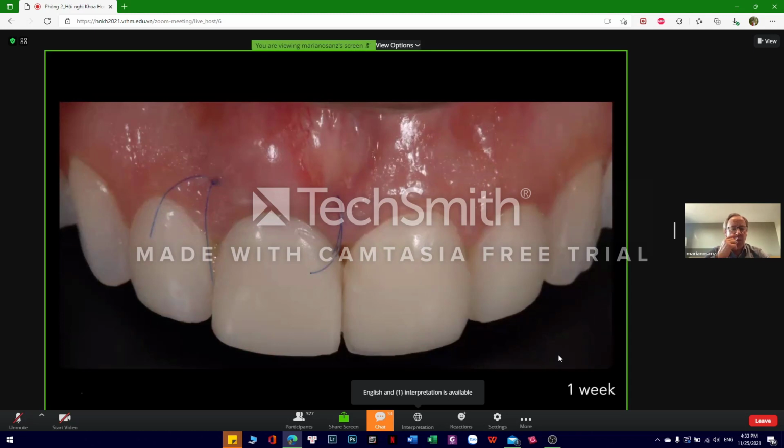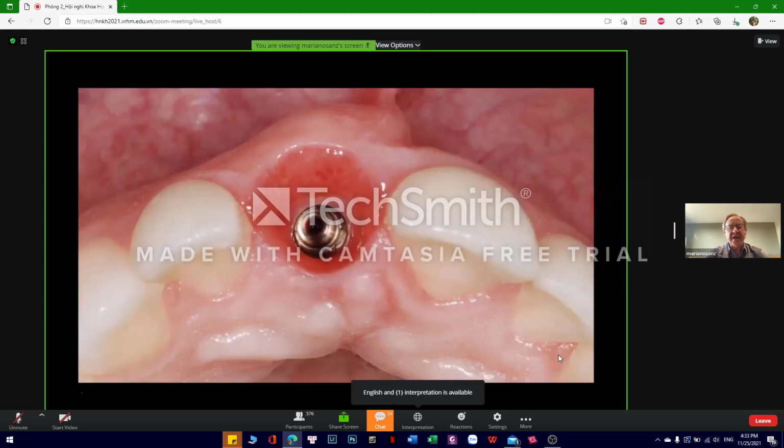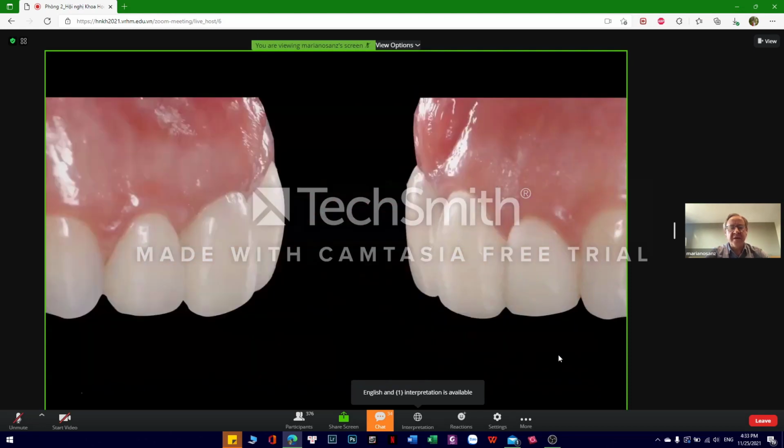So this is what you see in 1 week: beautiful healing with the maintenance of the convexity, and you see the enhanced thickness that we have created by the connective tissue grafting.